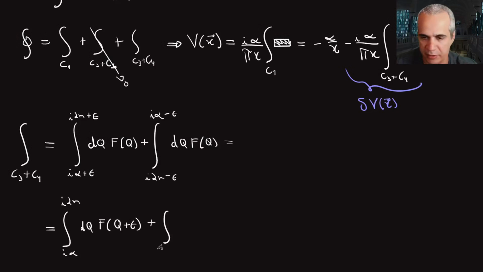I also get rid of the limits of integration. So this is i infinity. I don't know why I wrote alpha instead of infinity here. This is infinity. Same here, i infinity, dq f(q minus epsilon). So I shifted the other way.